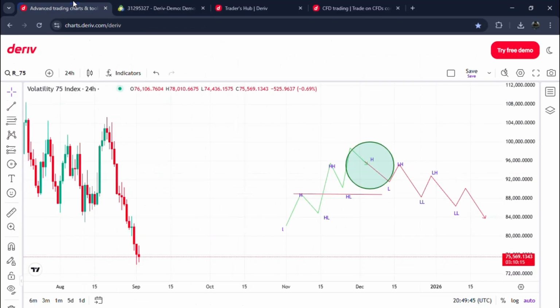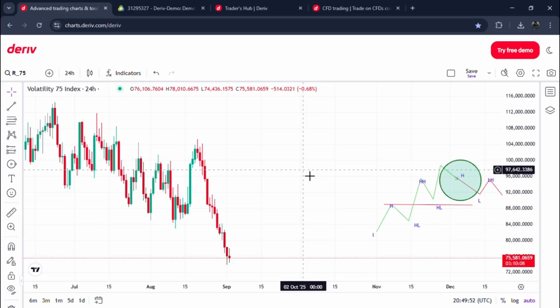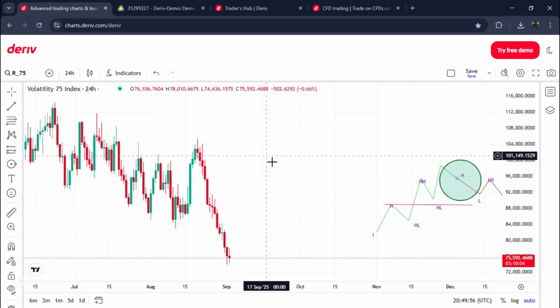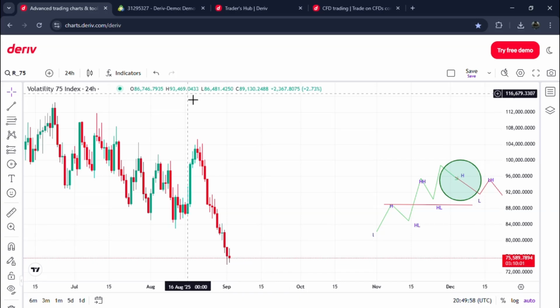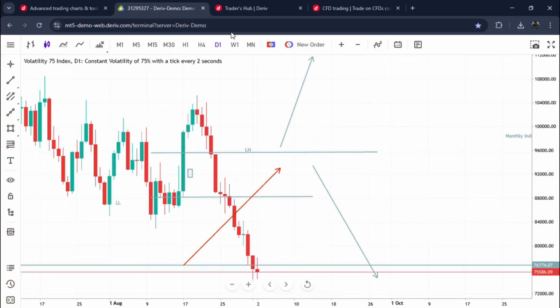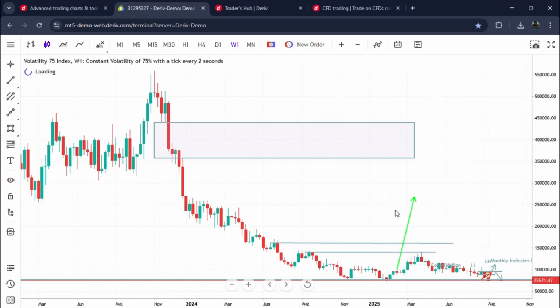So this is 24 hours. We've clearly seen the market is clearly bearish, but we expect a bullish move. So here's where you come and identify, like there was this zone under weekly. Let me zoom in and out.